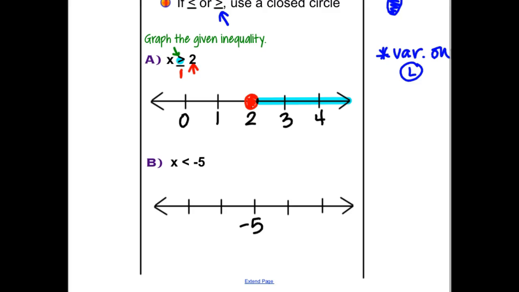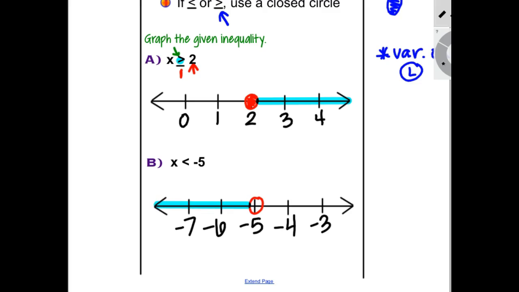Remember, it gets smaller to the left, which means it gets more negative, not less negative. And we go less negative to the right. And then it's at negative 5, so I put my circle there. It is strictly less than, so I leave the circle open. And then I'm going to shade this time to the left because it's less than.